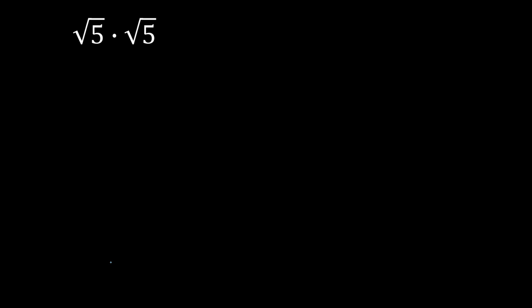Well, same thing with multiplying. We can combine into one radical. So what we can do is we can combine the square root of 5 and the square root of 5 into one radical, where now I have the square root of 5 times 5. Well, the square root of 5 times 5 would be the square root of 25, which would just be 5.